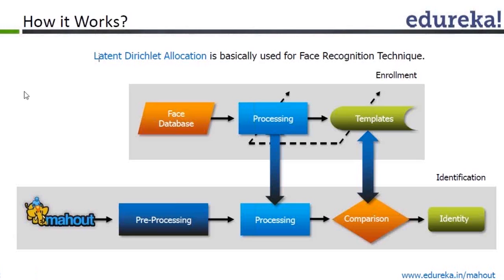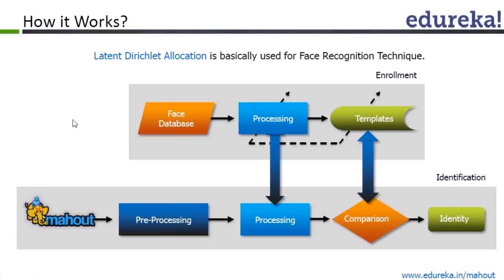You take the new face images, do the pre-processing, and pass them to the model generated in the training phase, and this model can then classify the images and recognize the actual image, guys.